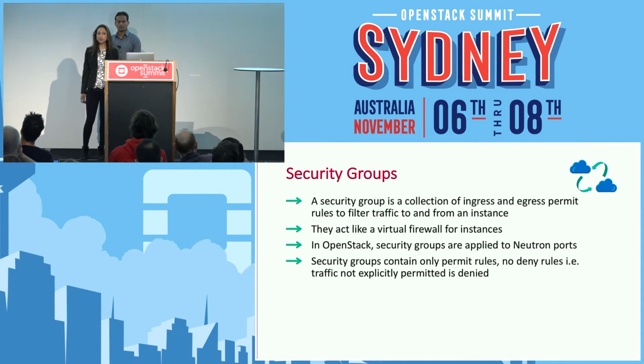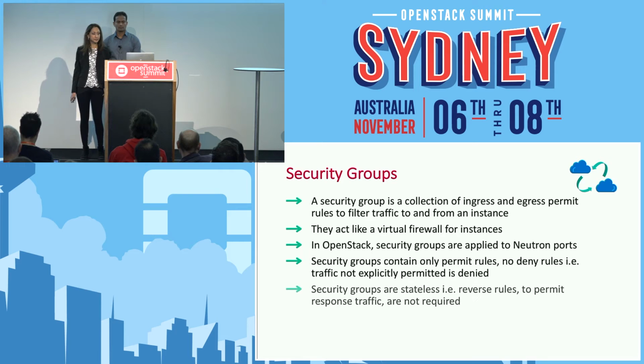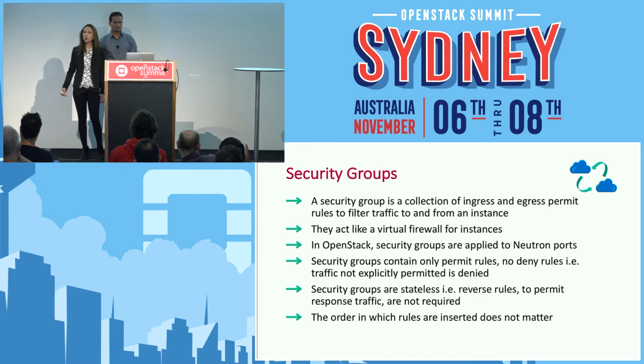Security groups, importantly, can only contain permit rules. There are no deny rules. That is, if something isn't explicitly permitted, it is essentially denied. Security groups are also stateless, which means that reverse rules are not required to permit response traffic. The order in which these rules are inserted doesn't really matter.